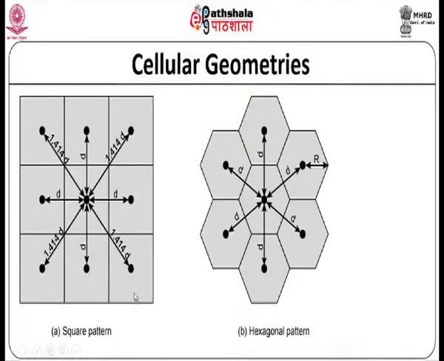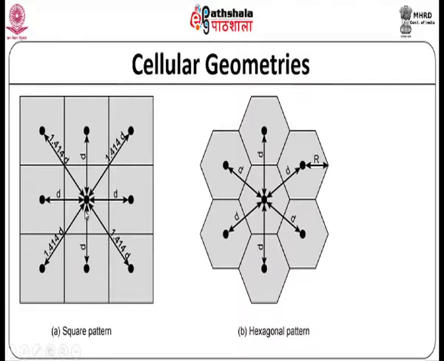Okay. So, if you look at the cell geometry, the cellular geometries as such, you could have for instance a square pattern. You have the antenna right at the center, and you can have for instance adjacent cells which are all square in shape. So, what happens in this case is you can see that for the ones which are horizontally and vertically adjacent, the distance between the two centers will be d, whereas if you look at the diagonally adjacent ones, the distance will be 1.414 d.